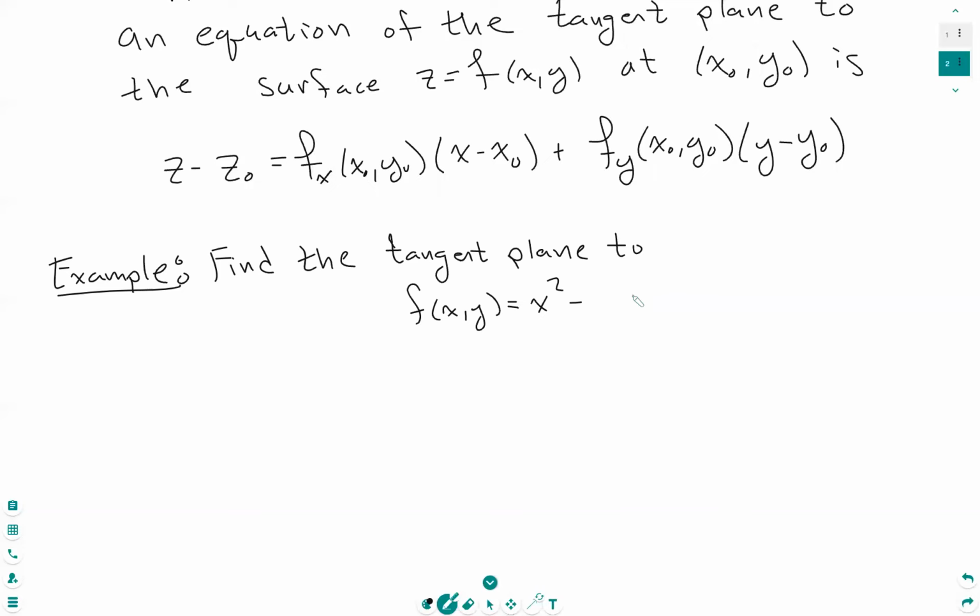So we have our function, which is x squared minus x times y plus 1/2 y squared plus 3.